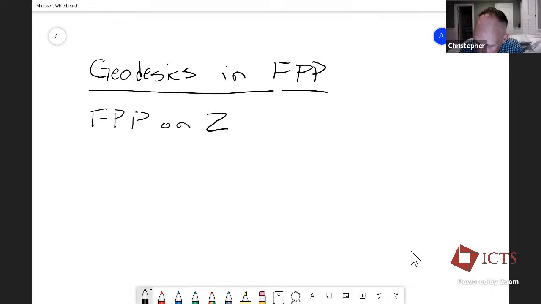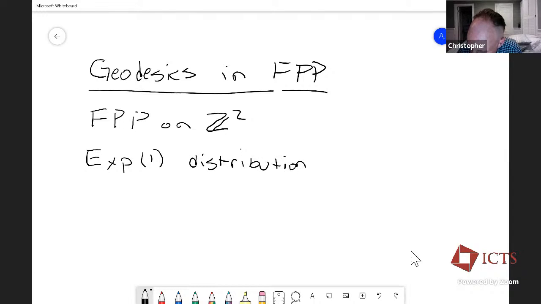on the nearest neighbor graph on Z2, and my distribution will be an exponential 1 distribution on edge weights.